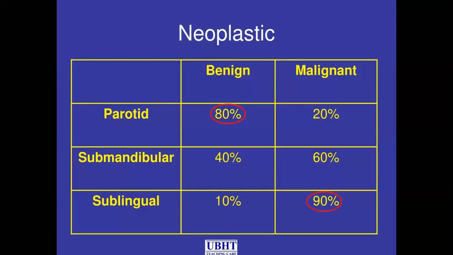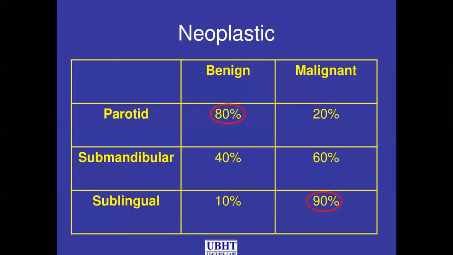Now, the neoplastic tumors we can divide into benign and malignant. In the parotid, 80% of the tumors are benign, while 20% are malignant. In the submandibular gland, 40% are benign and 60% are malignant.